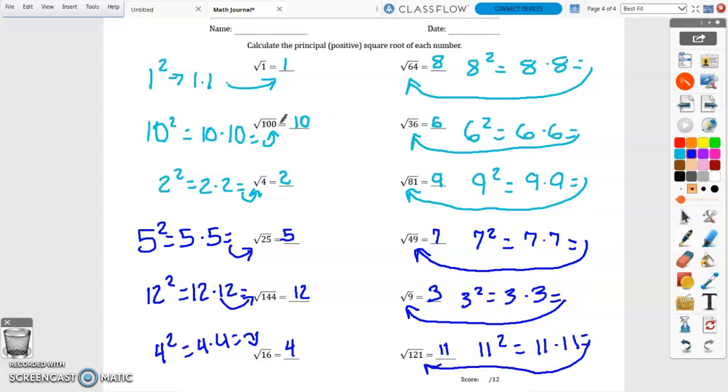So basically the point of this is that a perfect square root is equal to a number that can multiply by itself. And I'll write it here by its side.